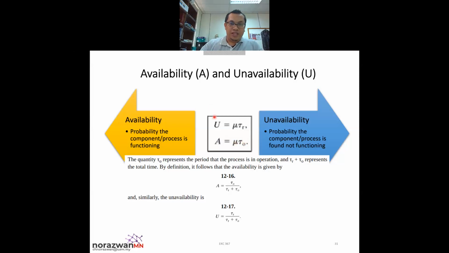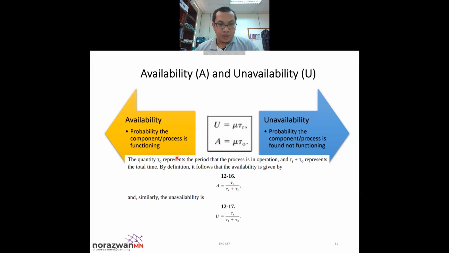Unavailability U is equal to mu times tau R, which is related to the repairing time, during the broken down duration. So you have U and A, which relate to tau R and tau naught.